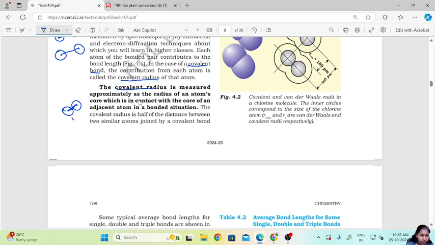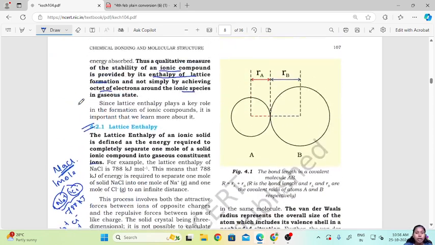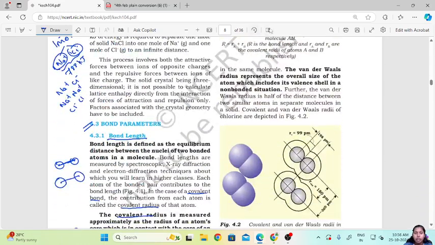You have atom 1 and atom 2. Both the cores, when they are connected together, this is what covalent radius is. Now the covalent radius is half of the distance between two similar atoms joined by a covalent bond in the same molecule.